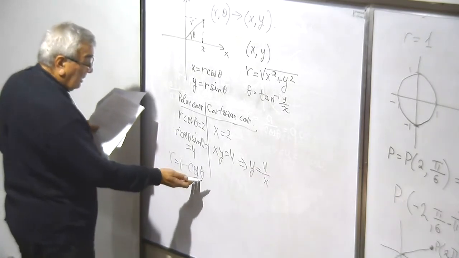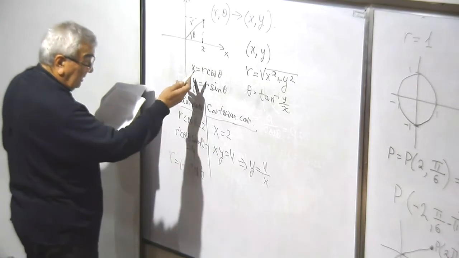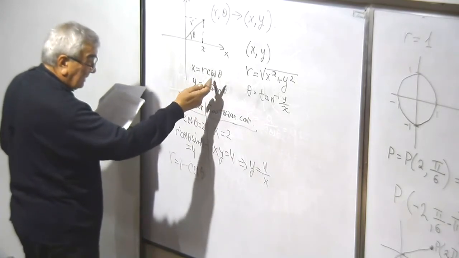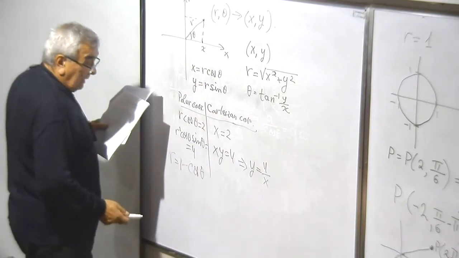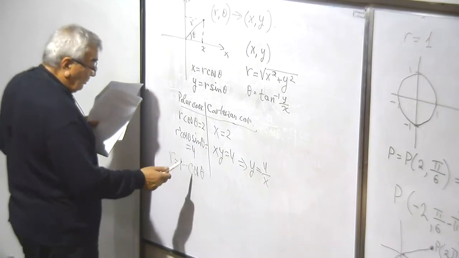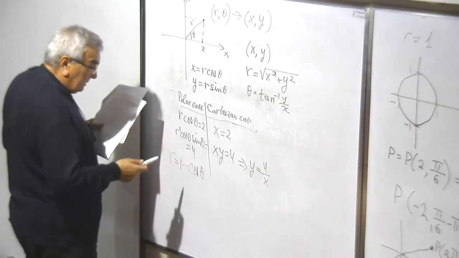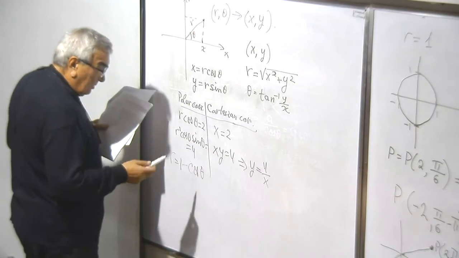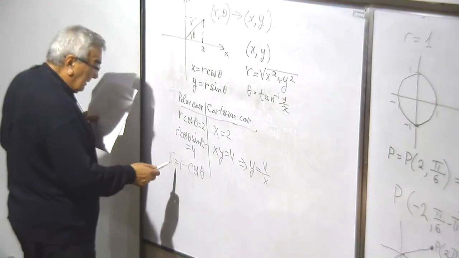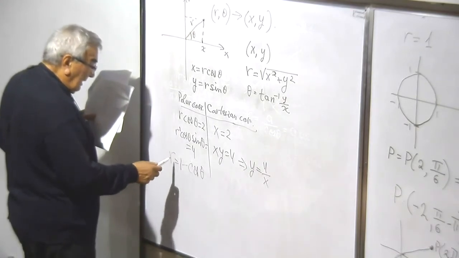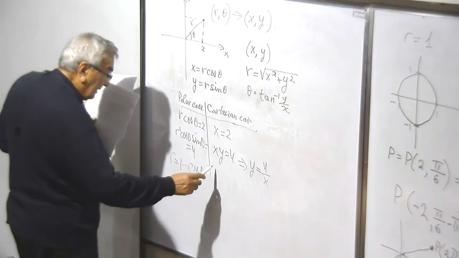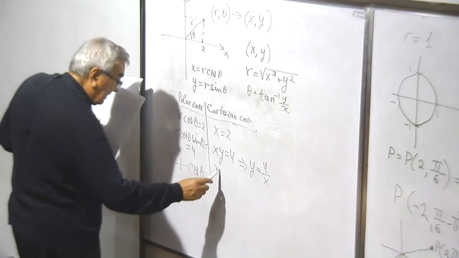After that you exclude the parameter. You see, this is the same as the parametric representation. Therefore, to get the relation between sine and cos, I omit this one. That means I will find the x.